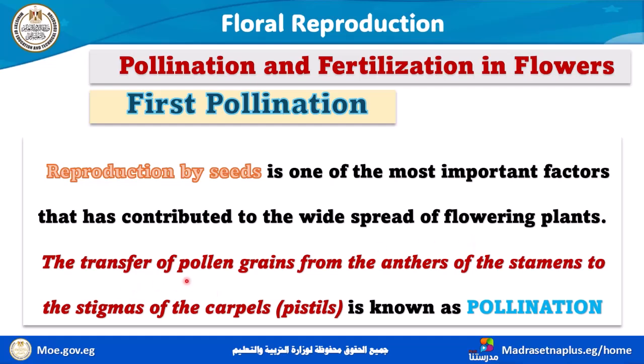The transfer of pollen grains from the anthers of the stamens to the stigmas of the carpels, or the so-called pistils, is known as the pollination process. So, what is meant by pollination? Pollination is the process in which pollen grains transfer from the anther of the flower to the stigma of the flower.